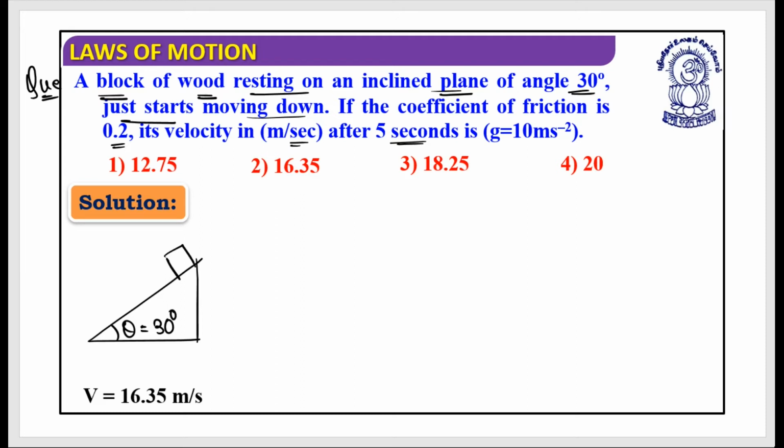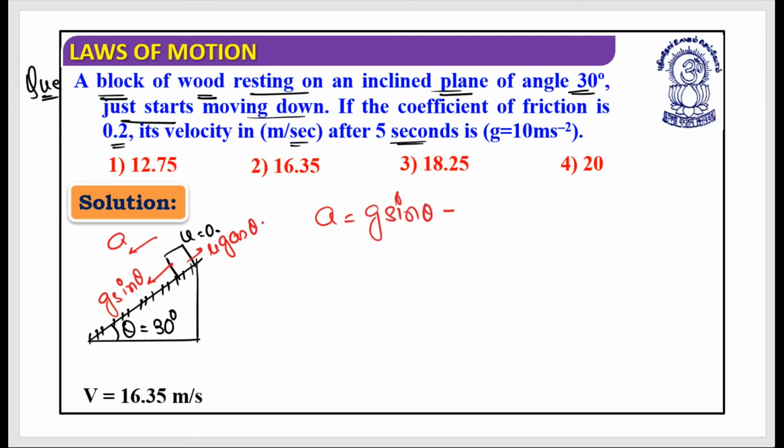It just starts moving down, that means initial velocity is 0. The wedge is having friction, so I write g sine theta in the forward direction and mu g cos theta in the backward direction. So acceleration, as it is accelerating downward, equals g sine theta minus mu g cos theta.